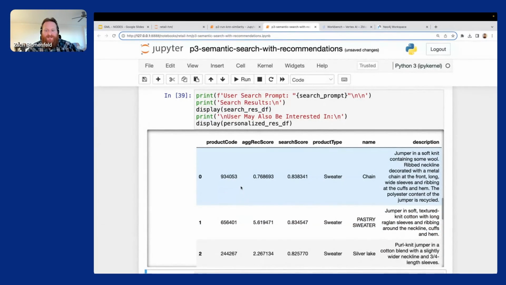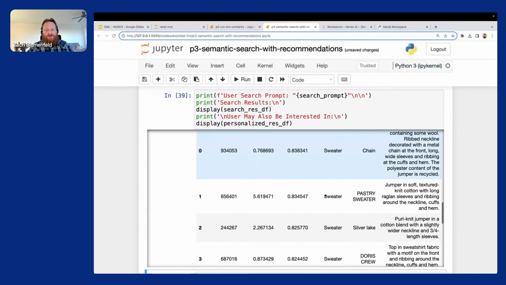And now what I'm getting is a combination: this is what this person's bought in the past, this is what they're asking for now, and here are some recommendations that are very specific. So sweaters that are very specific to what they've bought in the past, plus the semantic search context.